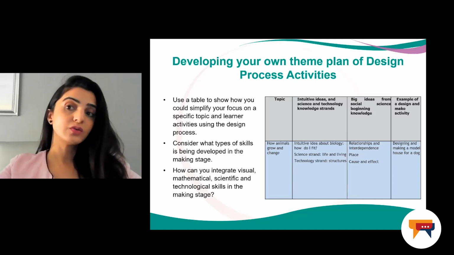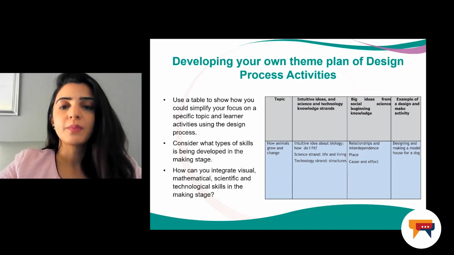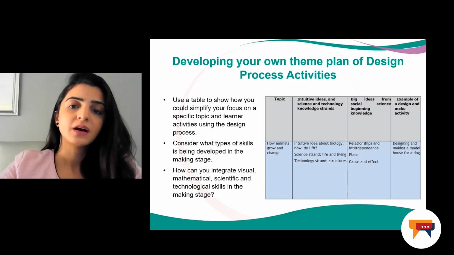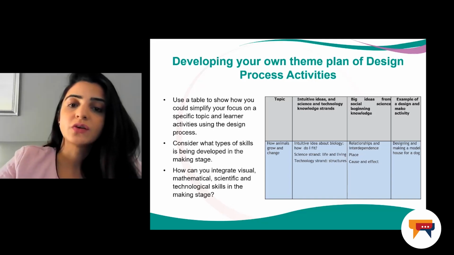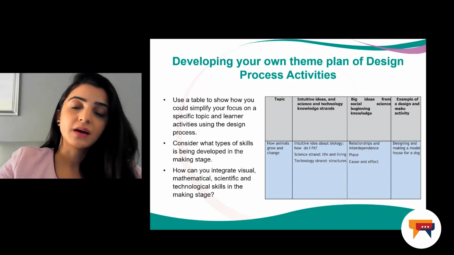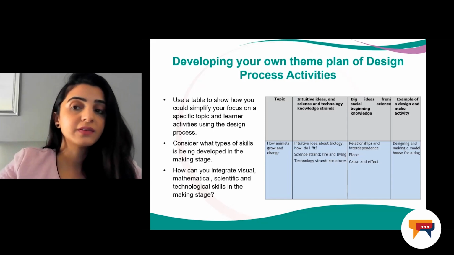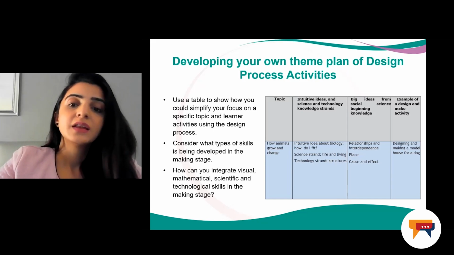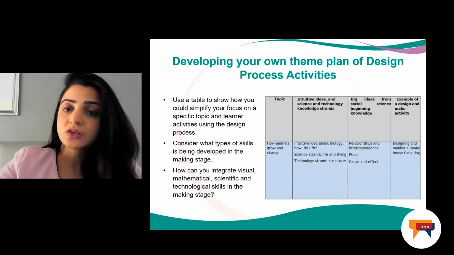So it's so important to integrate all of this. If your topic is basically how animals grow and change, then your intuitive idea is about biology. So how do I fit, the science strand would be life and living. Like we mentioned in the previous units, you need to understand all the content strands, the technology strand in terms of structures.